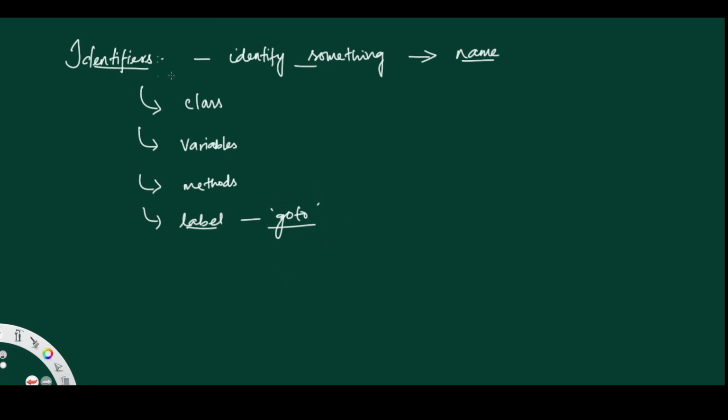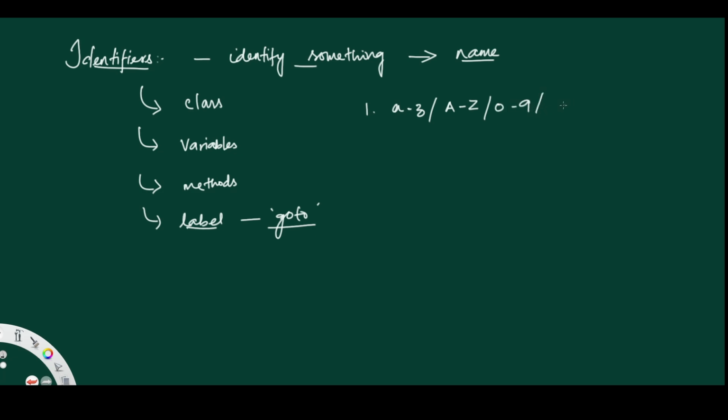Initially I said, if we have identifiers, then by default they have to follow certain rules and regulations. So we will see what rules we have to follow to name the identifiers. The very first rule: you have to create identifiers with lowercase a to z, uppercase A to Z, and the numbers 0 to 9.